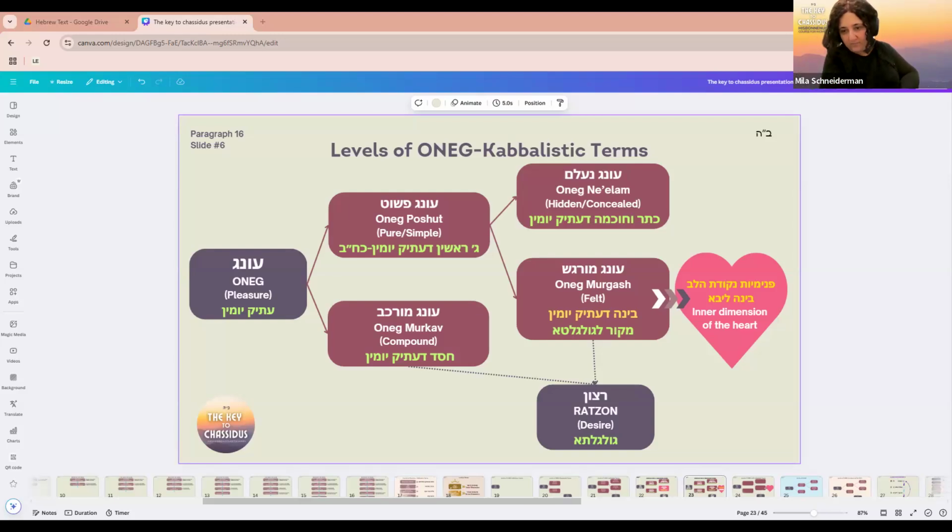Okay, because what he wants to bring out is how the oneg is within the essence, which is oneg pashut. Okay. And oneg murgash brings it into the pnimis nekudas alev. And the compound oneg is already being mislabesh into the ratzon.